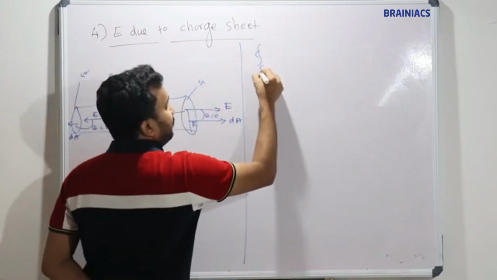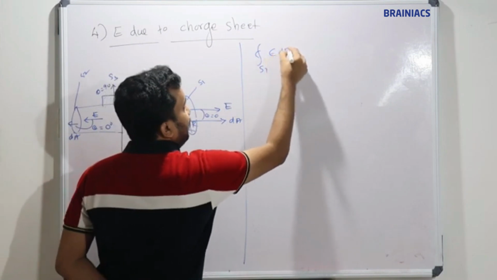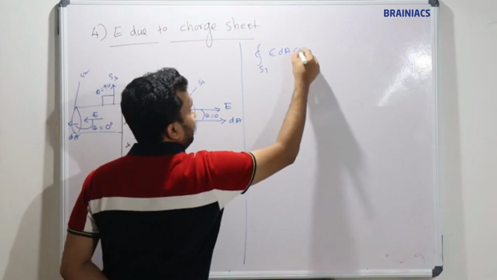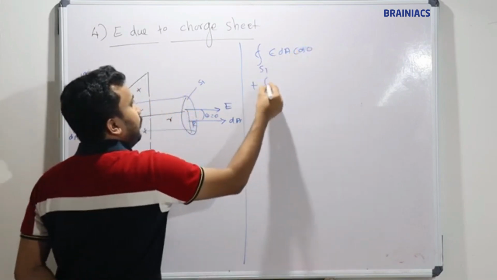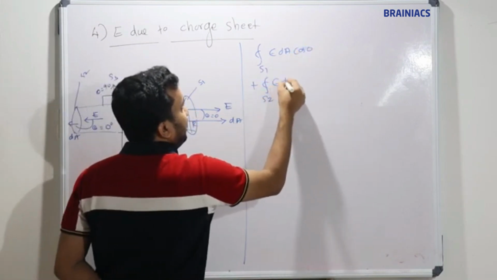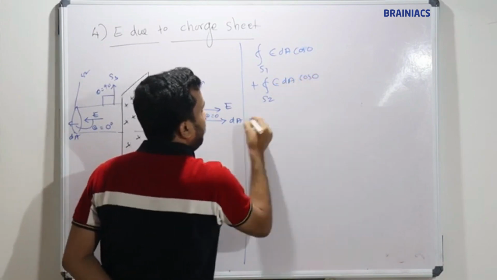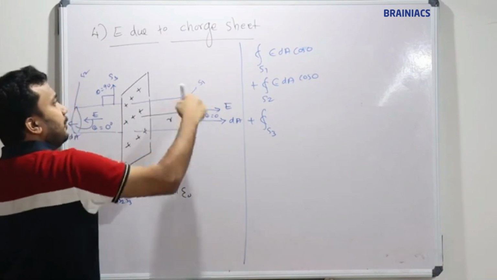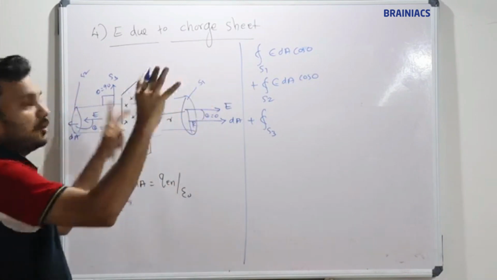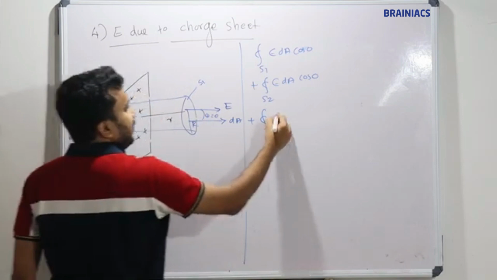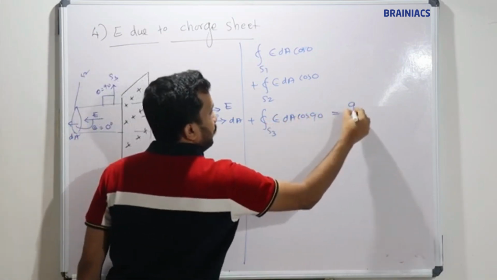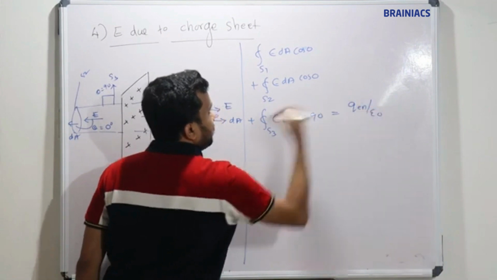So the open integral over S1 of E dA cos 0, plus the open integral over S2 of E dA cos 0, plus the open integral over S3. When I say open, all these open parts together will form a closed path. So S3 E dA cos 90, all together equals Q enclosed divided by epsilon 0.